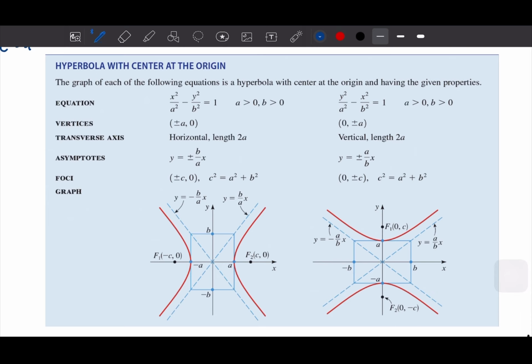So you will notice that since this has the transverse axis on the x-axis, this is going to be B. And the asymptote, if you remember the slope, is y over x, so B over A. And this is also y over x, but now it's A over B. We change this part because the first part is different in this equation. So the axis is going to be vertical.